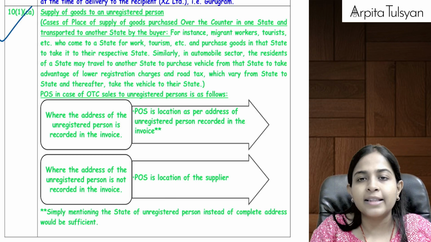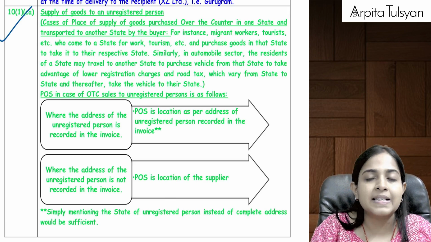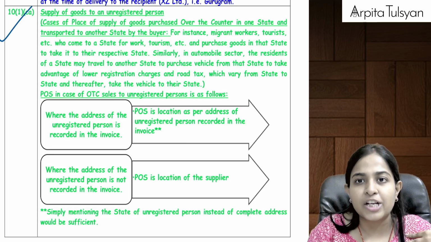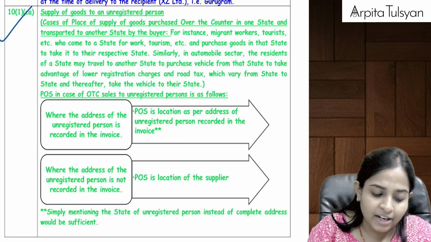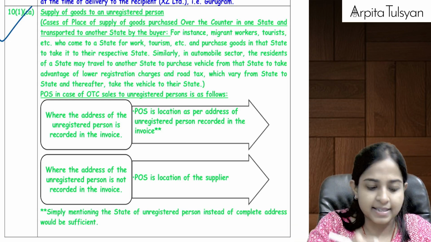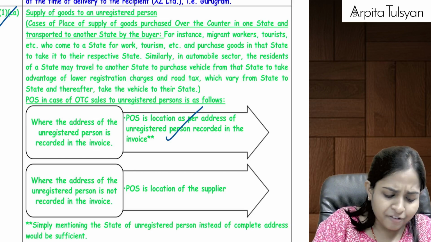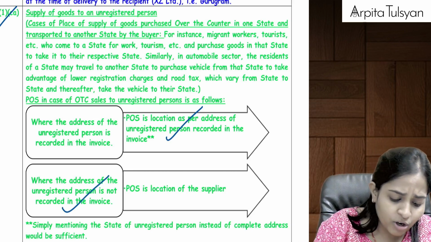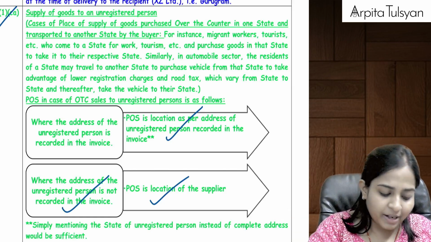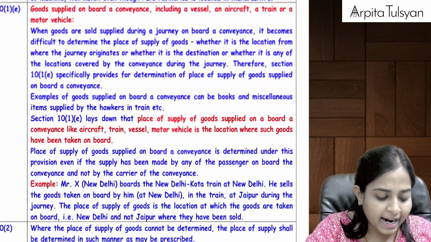The solution was given under section 10(1)(ca): if the unregistered person's address is mentioned in the invoice, then that location will be the place of supply. If my Maharashtra address is not recorded in the invoice, then the location of the supplier becomes the place of supply. This we had studied.